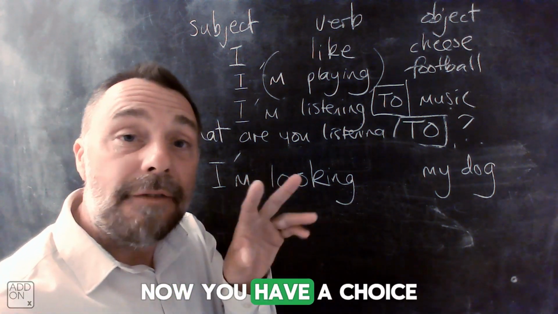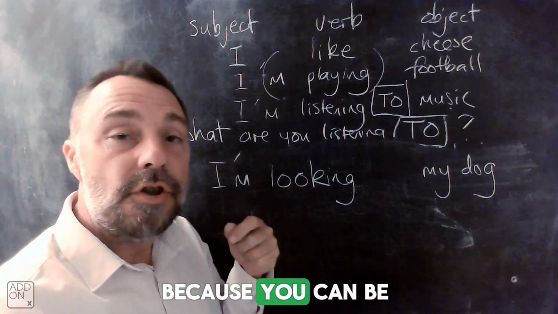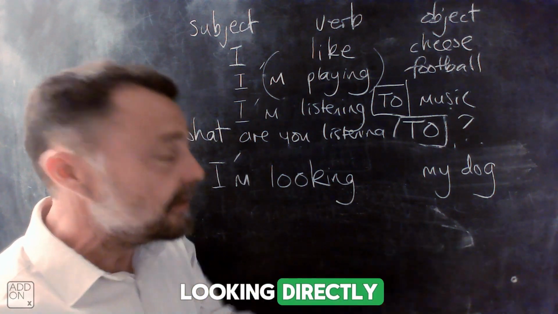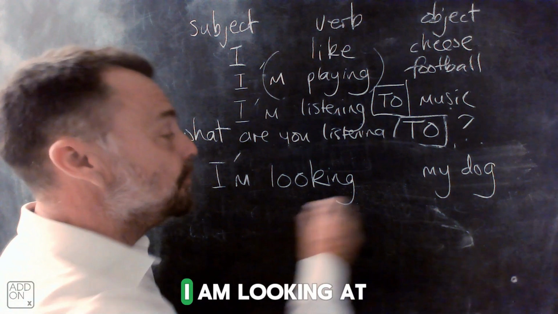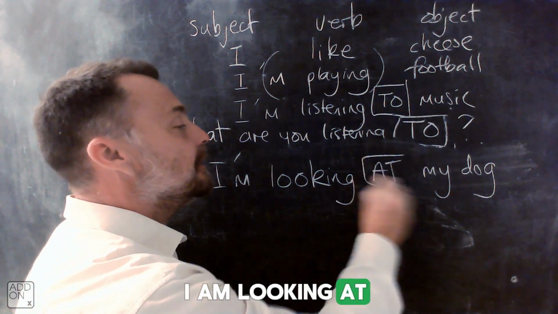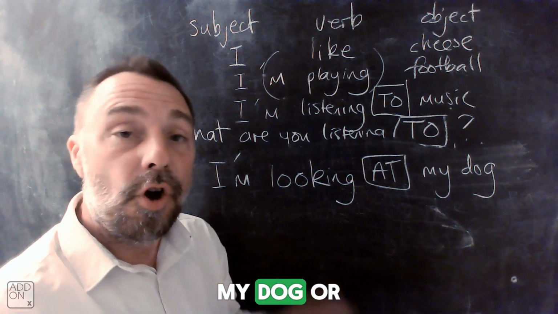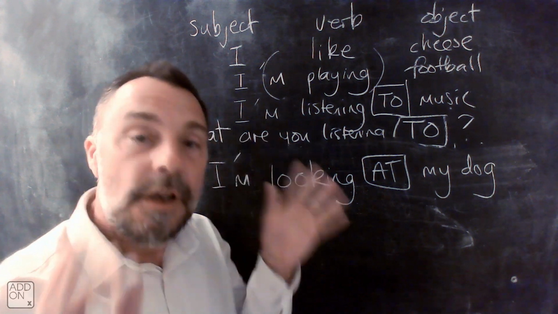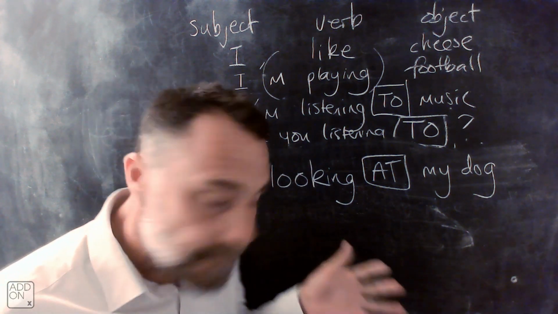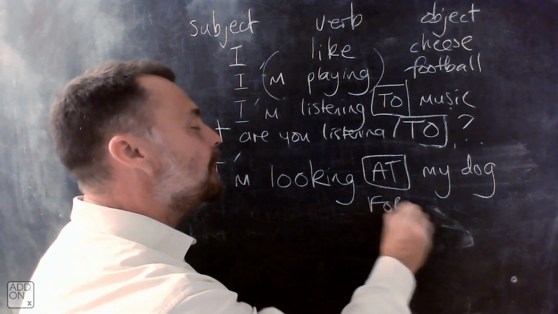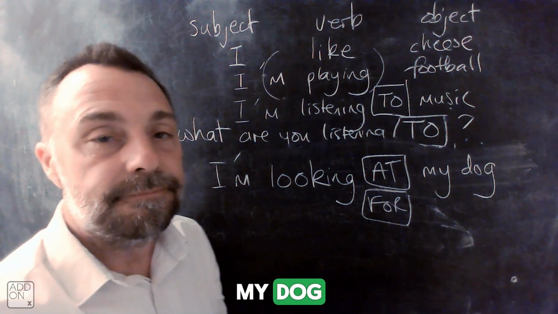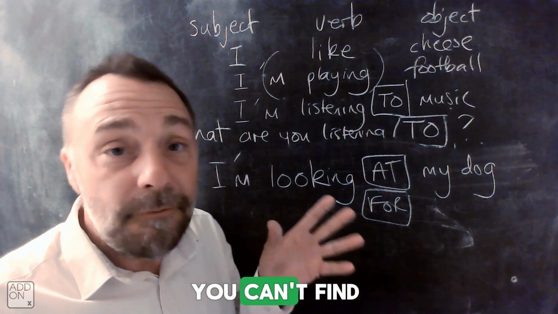You have a choice because you can be looking directly, in which case you use the preposition at: I'm looking at my dog. Or you've lost your dog: I'm looking for my dog. This is when you can't find your dog.